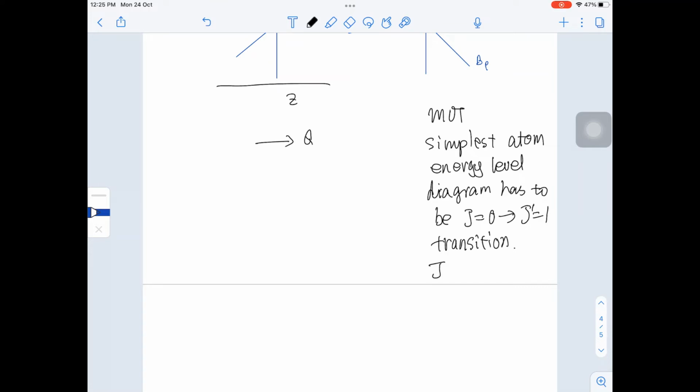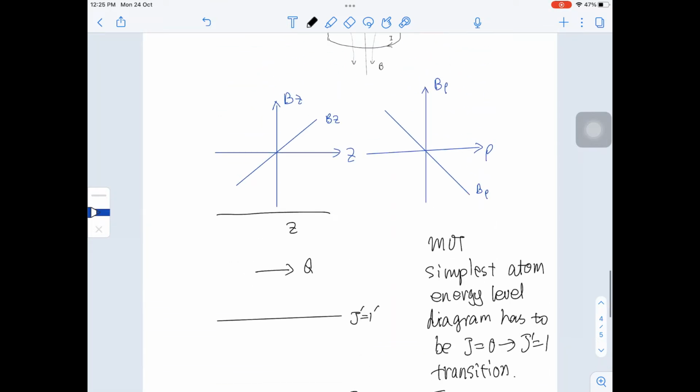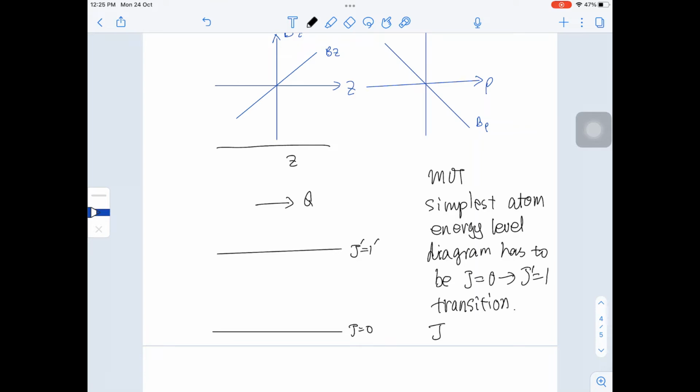Let's say the ground state J equal to 0 and excited state J equal to 1, J prime equal to 1 prime. And you know, because we have the B field, that means the Zeeman sublevels inside the J prime 1 prime will be splitted according to the B field strength.